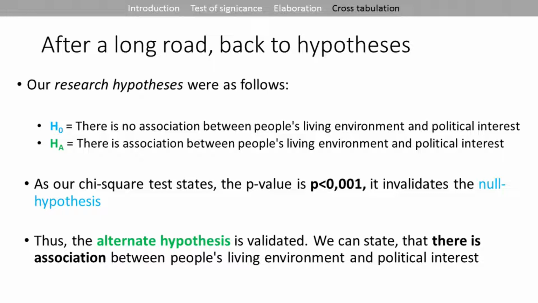And our chi-square test states that the p-value is lower than 0.001, which invalidates the null hypothesis. Thus, the alternative hypothesis is validated, and we can state there is an association between people's living environment and political interest. So we did quite a bunch of calculations just to get one number which will validate one thing.